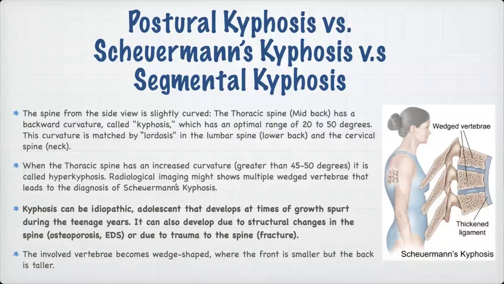But it can also commonly develop with EDS. I see this in almost, I would say, 60% of the cases, and most of the time there are no identifiable wedged vertebrae, but functional changes that are impacting the spine to look kyphotic.